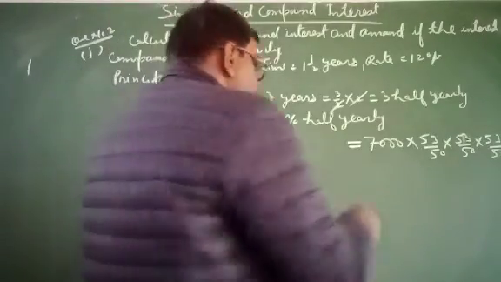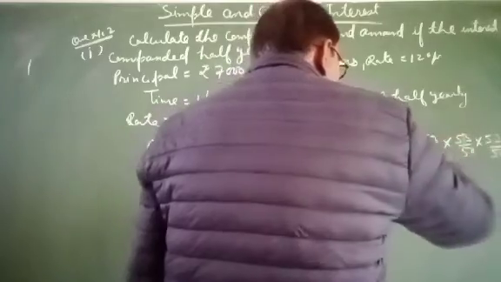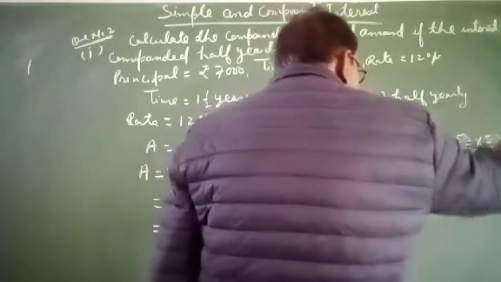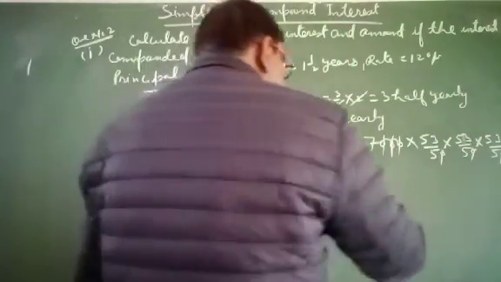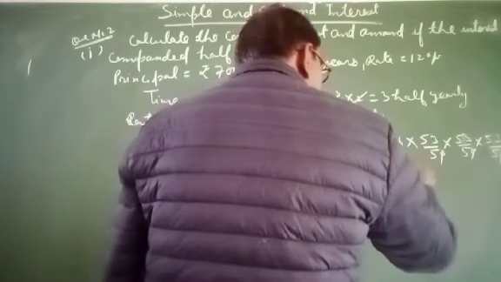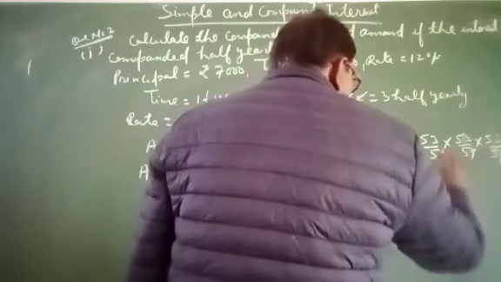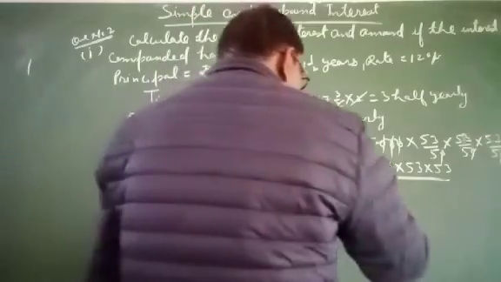Now it will equal 7,000, here 0 cancelled by this 0 and this 0 cancelled by this 0 and this 0 cancelled by this 0. Now it will be equal to 7 multiply 53 multiply 53 multiply 53 divided by 5 times 25 is 125.